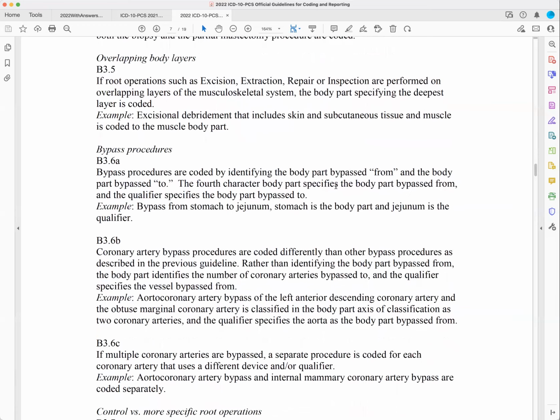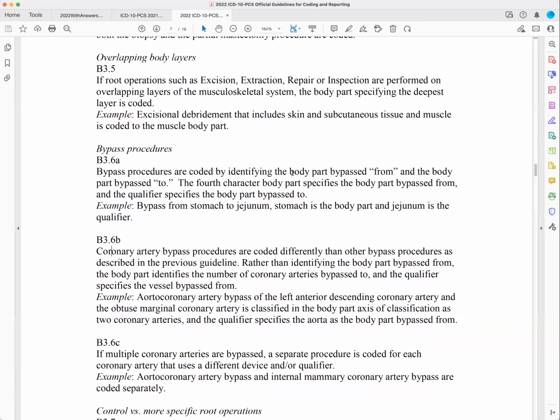And the difference is that identification of the body part. So other procedures, other areas, not the coronary arteries, identify the body part bypassed from and the body part bypassed to. So the fourth character is the body part bypassed from, and then the qualifier tells you where it was bypassed to.